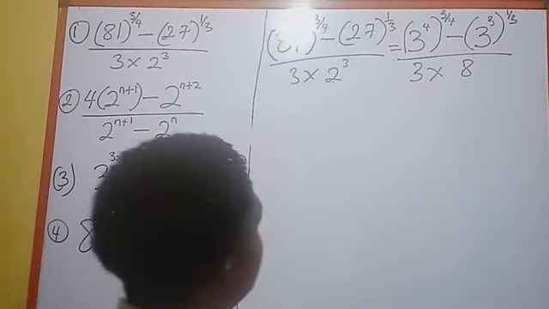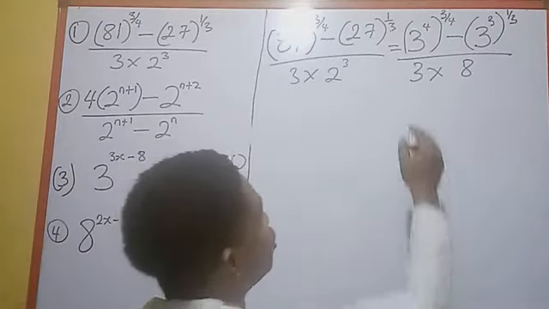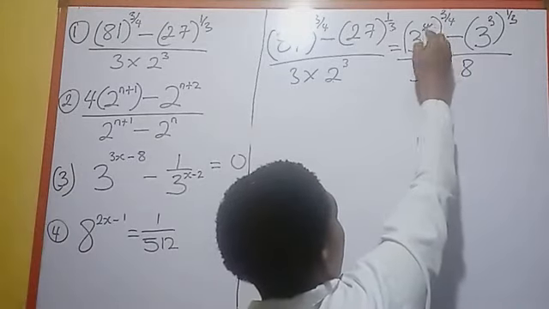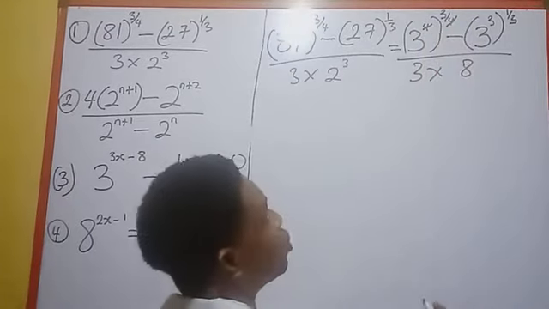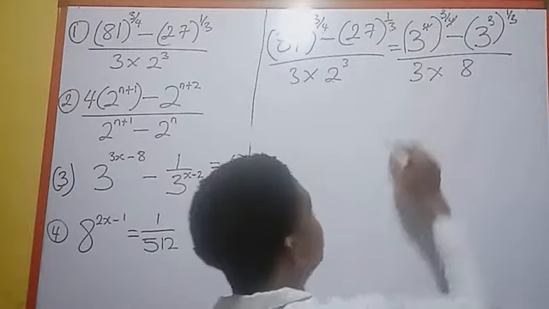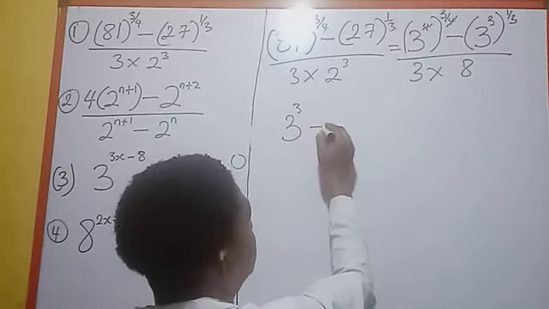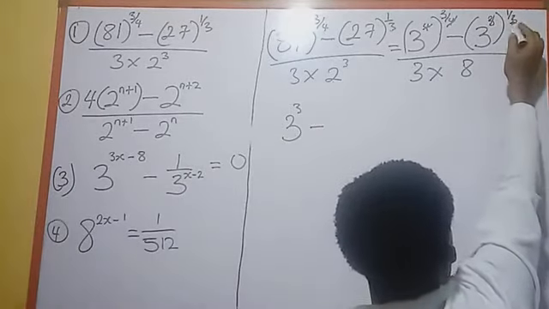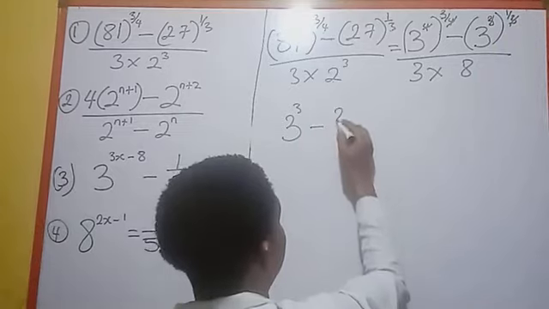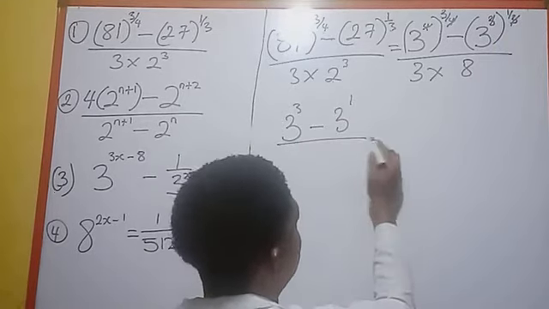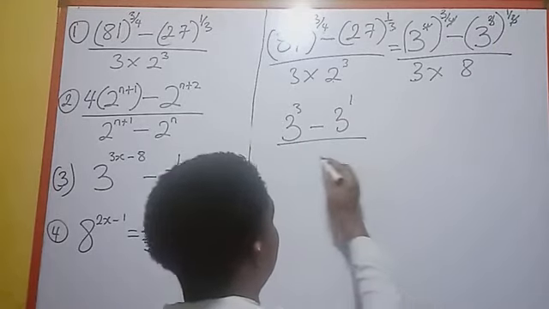Now the next line is that you open the bracket. So this 4, we cancel this 4. What you have left is 3 raised to the power of 3. So you have 3 raised to the power of 3 minus this 3, we cancel this 3. So what you have is 3 raised to the power of 1, over 3 times 8 is 24.